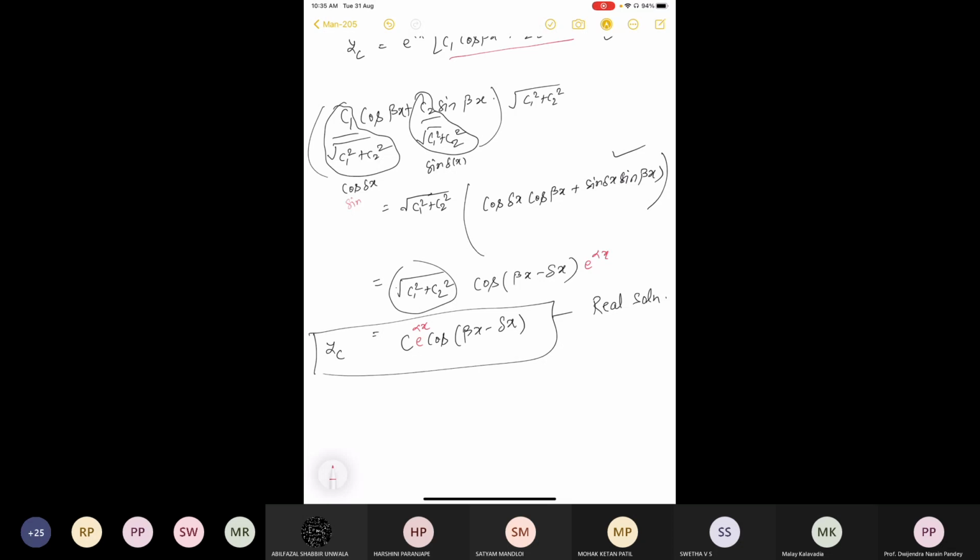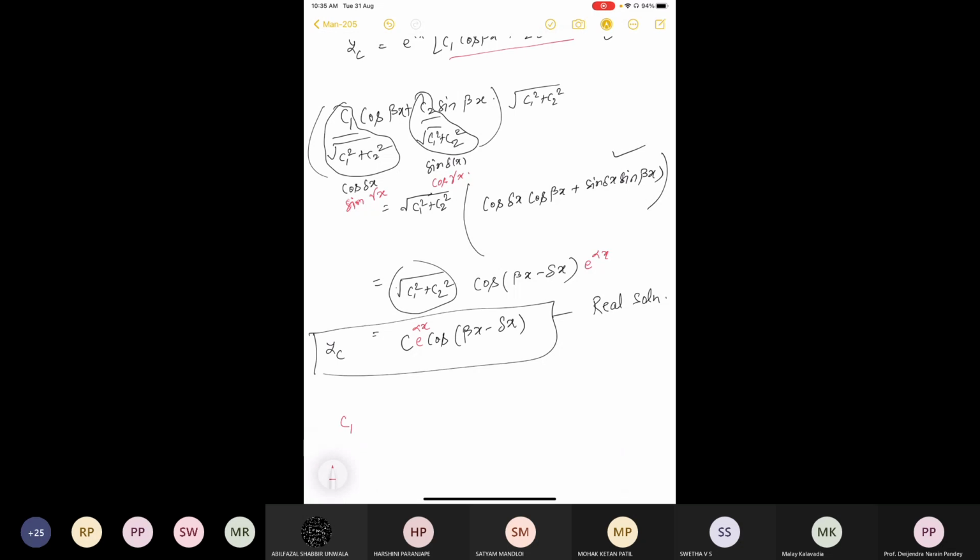Now again, we can write this as sine of gamma, then it is automatically cos of gamma. I can write it like this also. Rather than writing this as cos delta, I can write sine gamma.